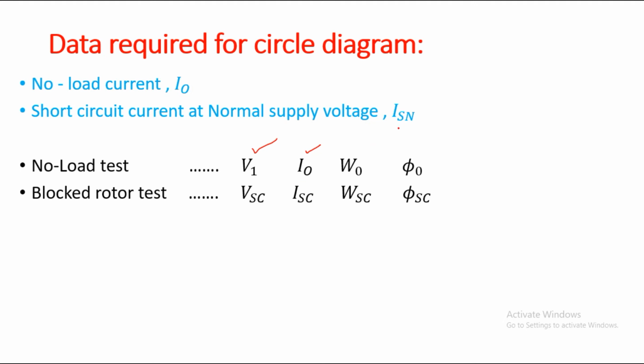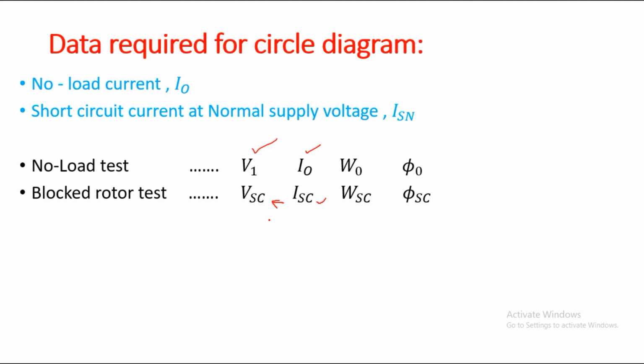And for the second value, that is ISN, we can conduct only the blocked rotor test. At the time of the blocked rotor test we can get ISC, but the supply voltage is not V1, it is simply VSC.